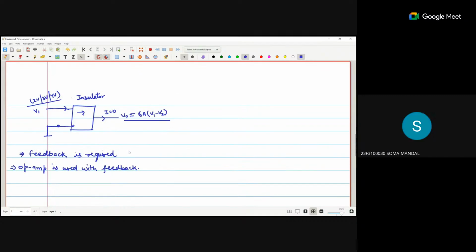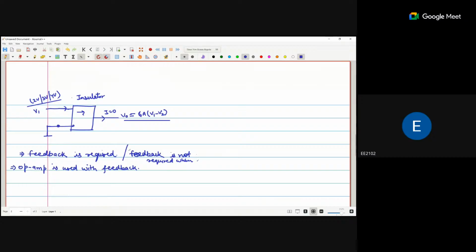Okay, sir. Understood. Feedback is not required in one condition. You will discuss this condition in your experiment when you do the analog lab part. Feedback is not required when the op amp is used as a comparator.